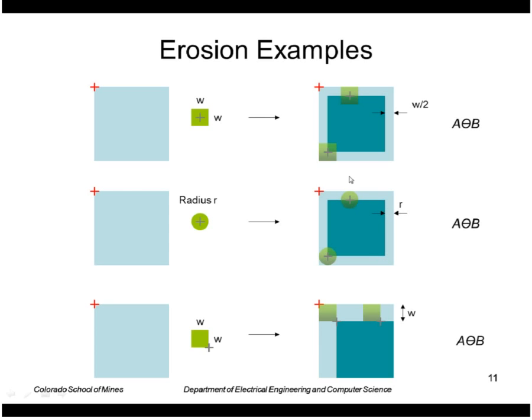If I take a structuring element that has the origin not in the center, but say in the corner here, then this is the result of erosion of A by B. Remember that I have to output a 1 whenever the structuring element is completely inside A. So that's true at this location, but if I go any further outside there, it would not be true.